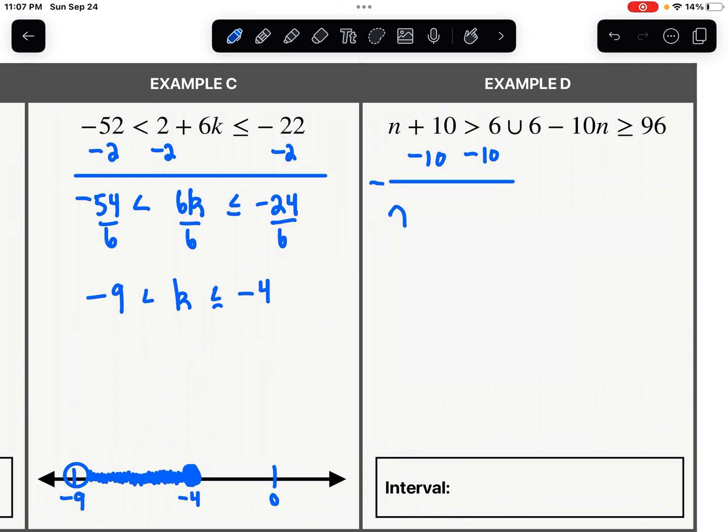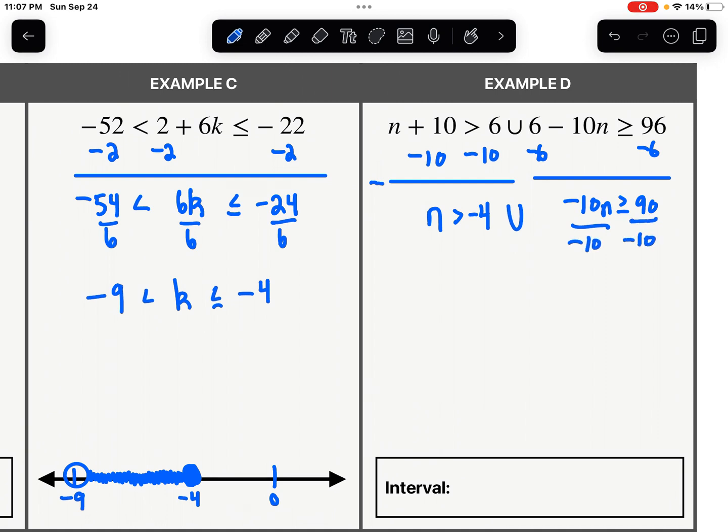So that means that n is greater than negative 4. Or, now we got to solve this other side. So we'll start by subtracting 6 as our first inverse operation. So it'll be negative 10n greater than or equal to 90. Divide both sides by a negative 10.